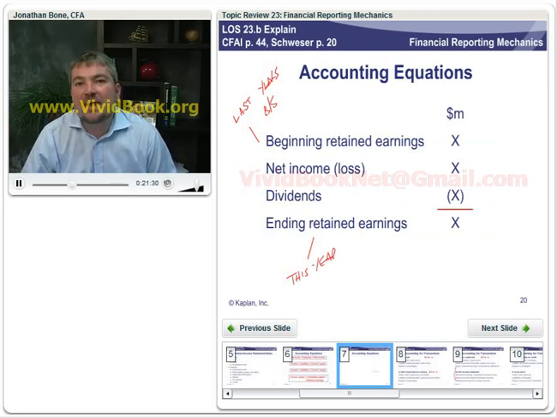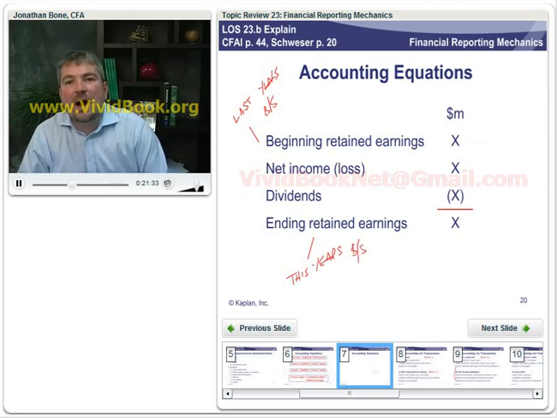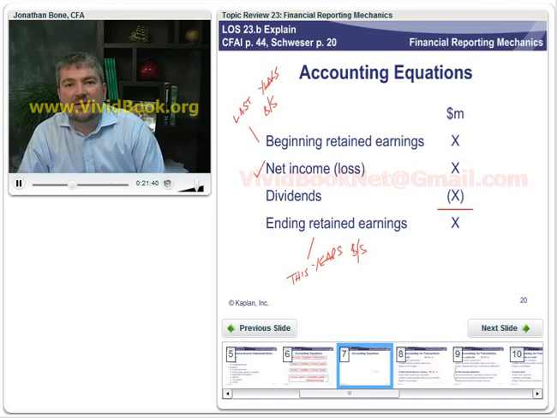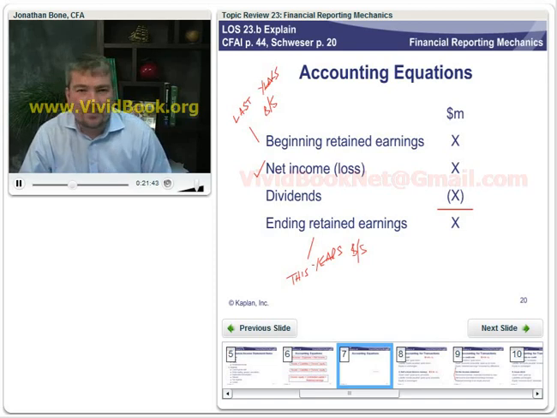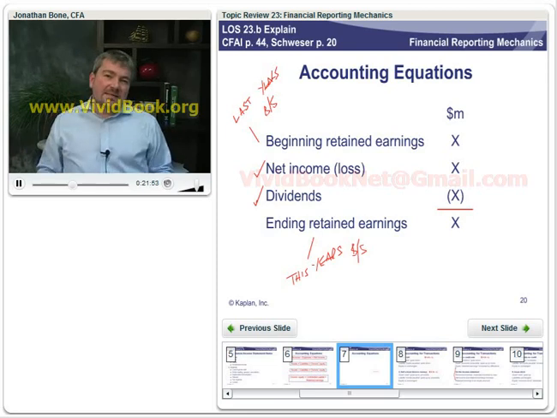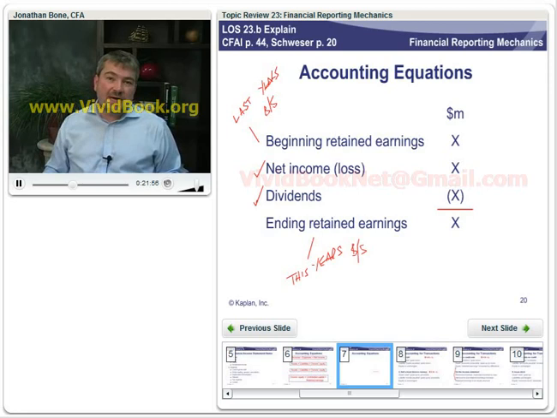And we're saying, look, retained earnings will go up by this year's profits, net income. Obviously, if we've made a loss this year, it will go down. But it will go down by this year's dividends. So the change in retained earnings from year to year is net income minus dividends, the reinvested earnings that the company is reinvesting rather than paying out by way of a dividend. As a result, if the company doesn't pay a dividend, by definition, retained earnings would just change by that year's net income.